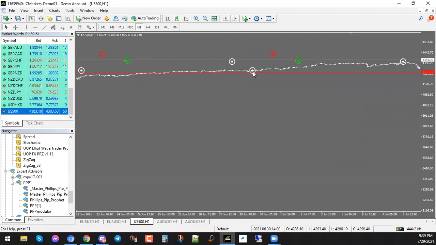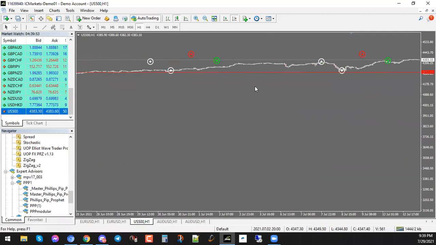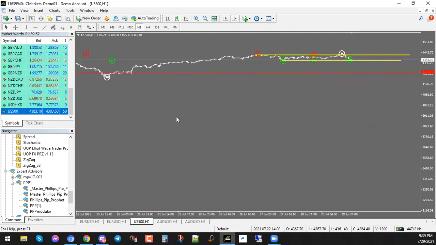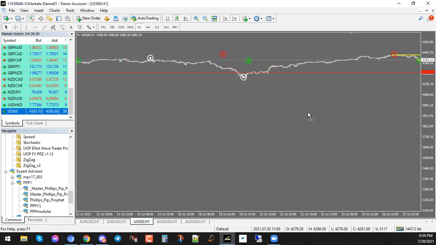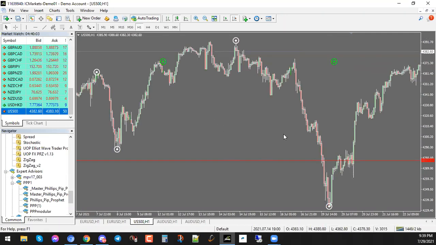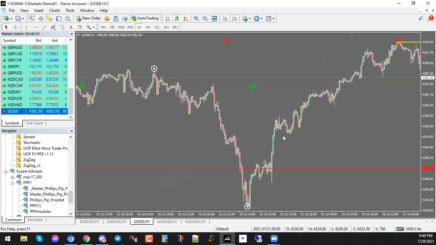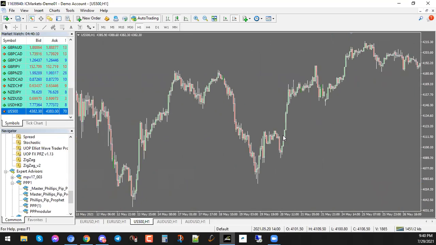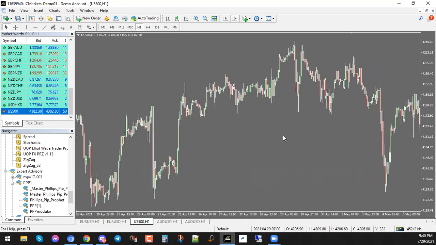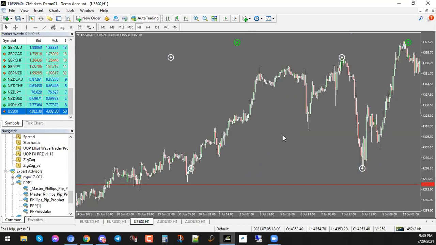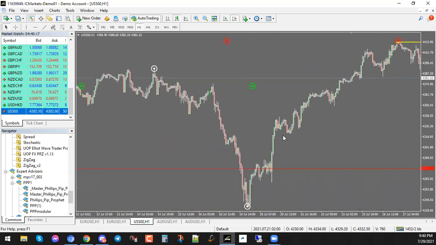We have it showing here that it is acting as support and resistance. So this is one of those levels that we can get involved with. Okay, 1 second.